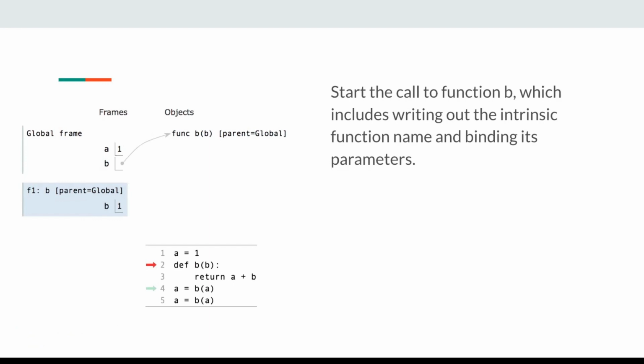So our parameter for b is actually another b. In our code on line 4, we said a equals b(a). At this point, a is 1, right? So we're calling b on a equals 1, and we're putting that into our parameter b. So here we say b equals 1. Does anyone have any questions?